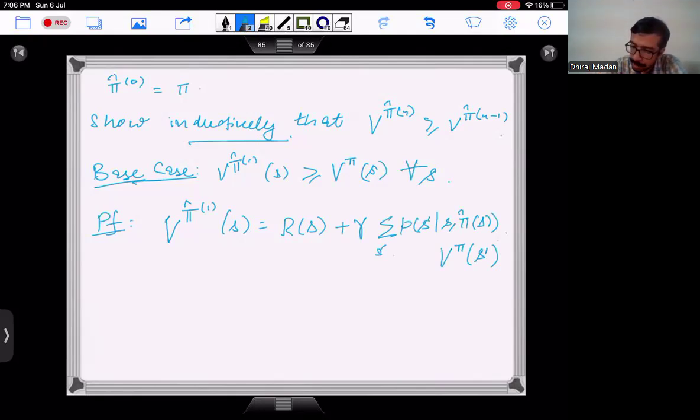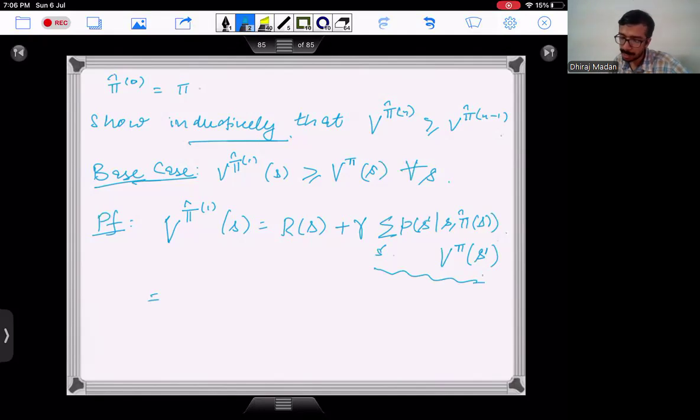And now we know that this is going to be greater than, right? So what is pi hat S? How is it chosen? Pi hat of S is chosen to be the argmax over A of this quantity. So pi hat S is the action which maximizes this quantity, right?